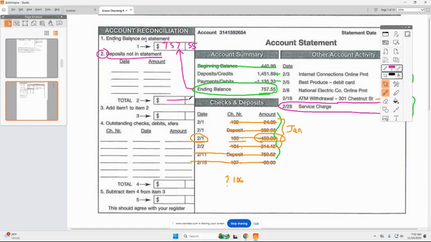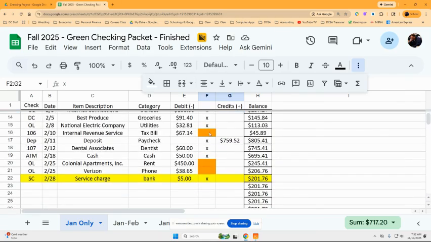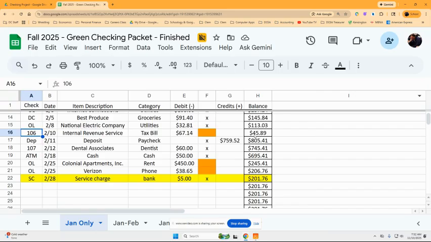So I've got no outstanding deposits. That 757 number is going to go down here to step 3. 757.55. Are there any outstanding payments? Are there monies that we spent, but the bank didn't record them yet? Yeah, check 106. It's sitting out in somebody's office somewhere. We don't know where or why, but it's sitting there.